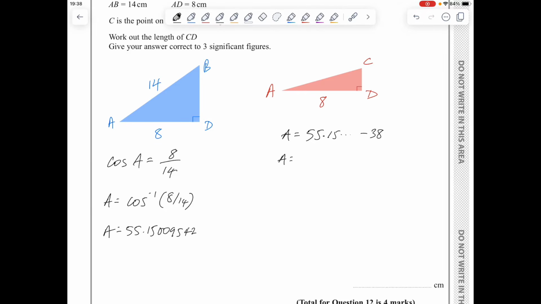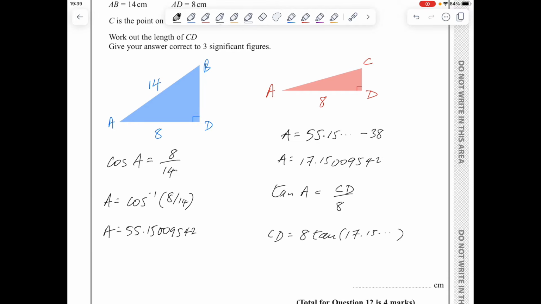So angle A in this red triangle is 17.15009542. And now to find the height of this triangle, to find CD, I'm going to use tan of this angle A, I'm not going to retype it, equals CD over 8. Therefore, CD is equal to 8 times tan of 17.15 and so on.